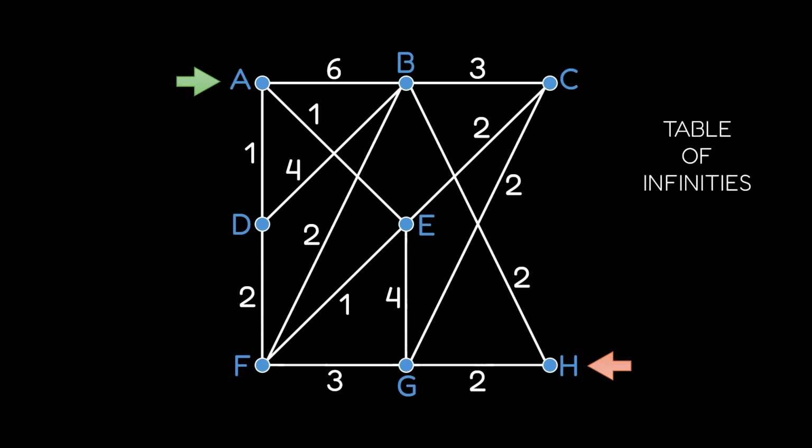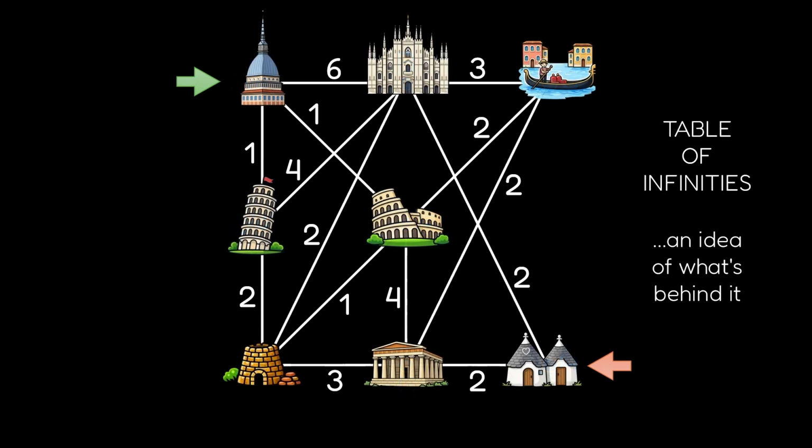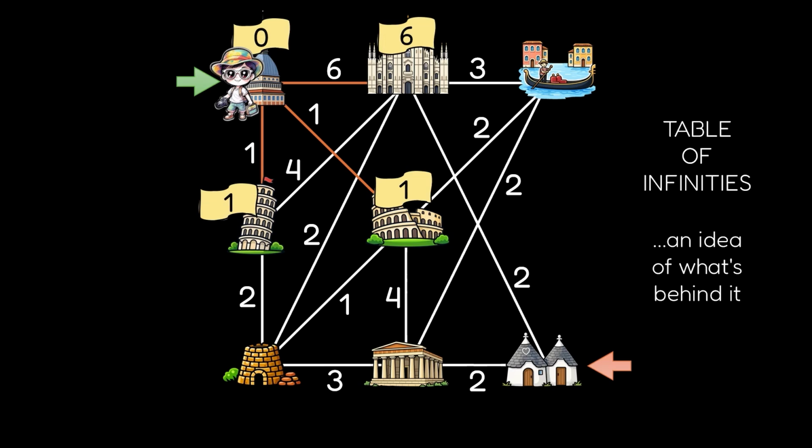To avoid making it look like magic, let me explain what this table actually does, using again the metaphor of cities. Imagine you're a tourist visiting the first city. Look at the cities directly connected and record their distances. If there is no direct road, write infinity. Once you have done that, mark this city as visited and move to one of the cities with the smallest value.